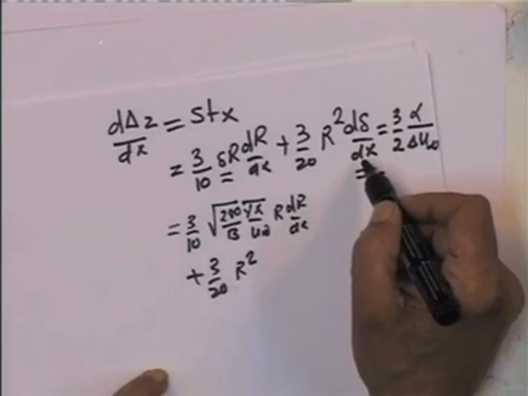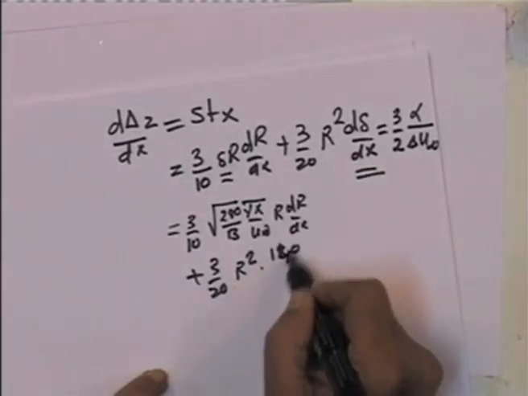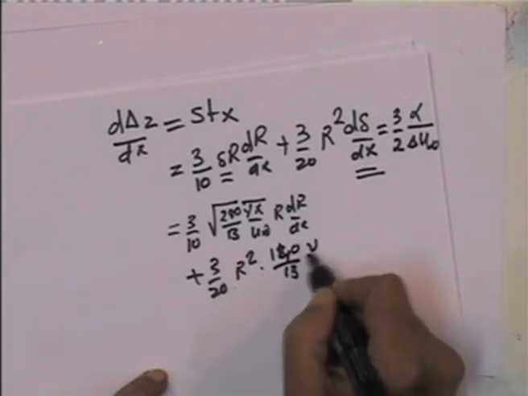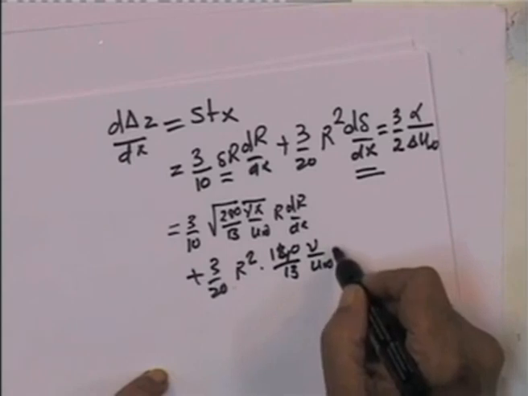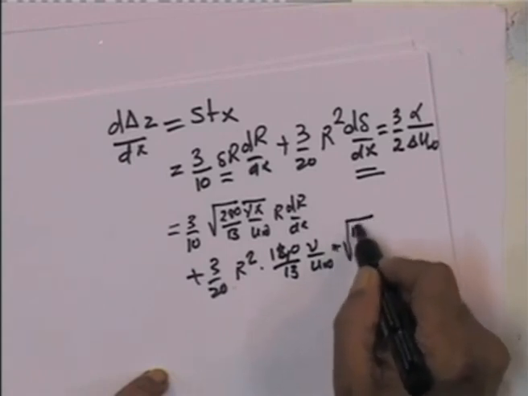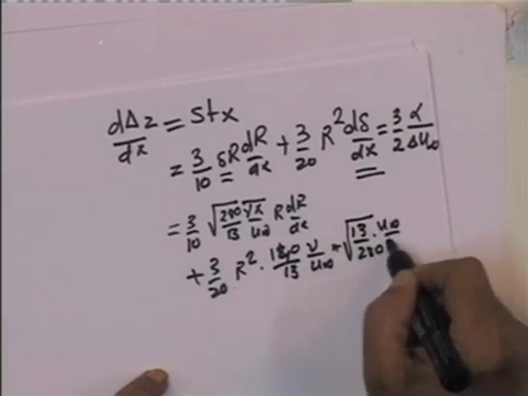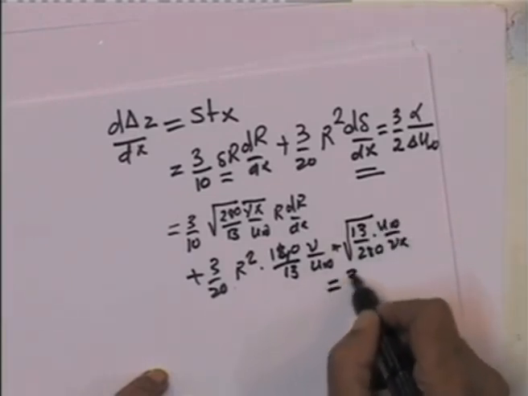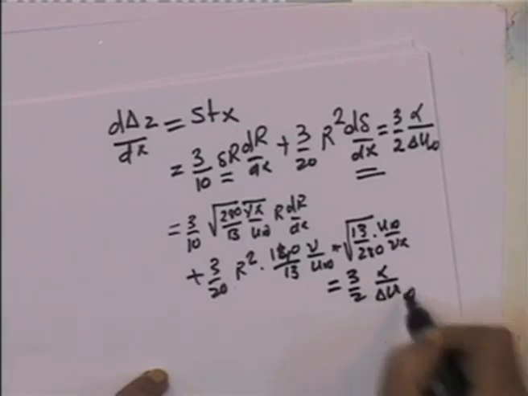D delta by dx will be simply 140 by 13 nu by u infinity divided by, so in other words, this will be multiplied by 13 by 280 into u infinity by nu x equal to 3 by 2 alpha times delta u infinity.